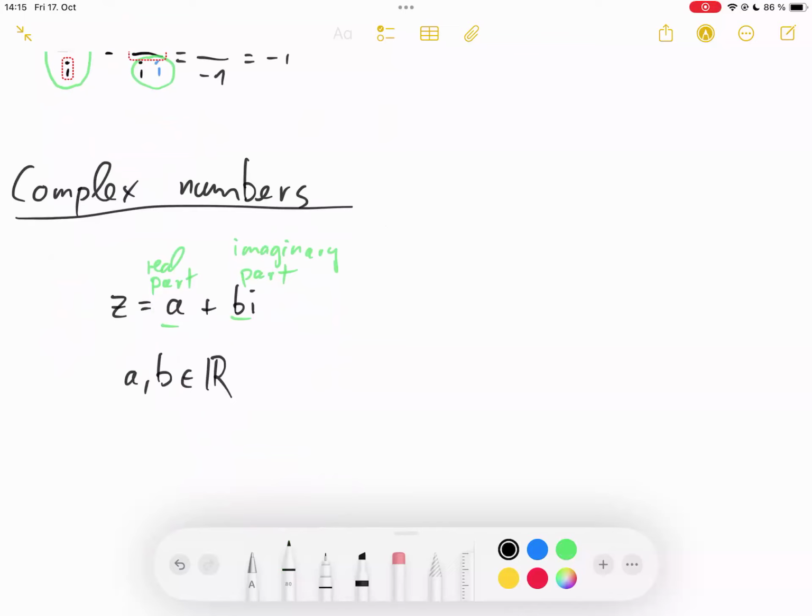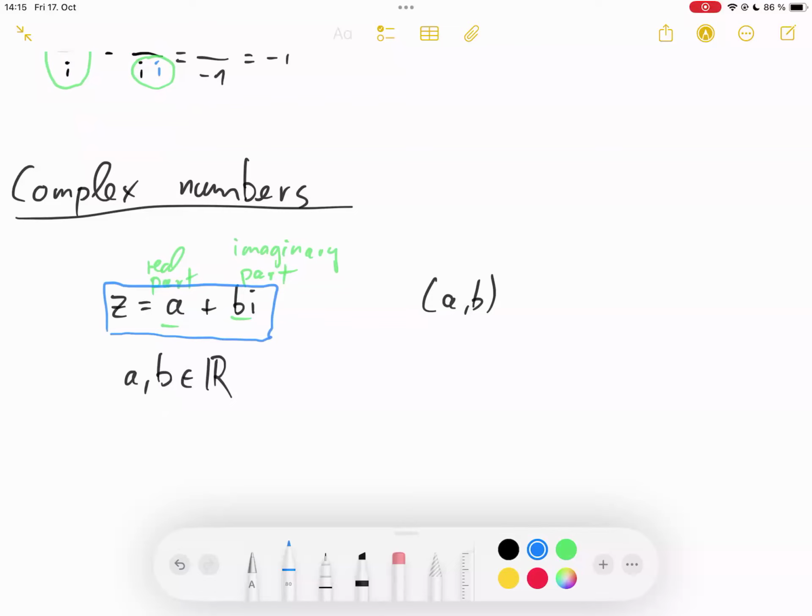Sometimes these complex numbers are also just written as a, b as a tuple, as one example. And there are a couple of other ways how you can sometimes write them down in short, but for now, we'll typically just write z is a plus b times i.